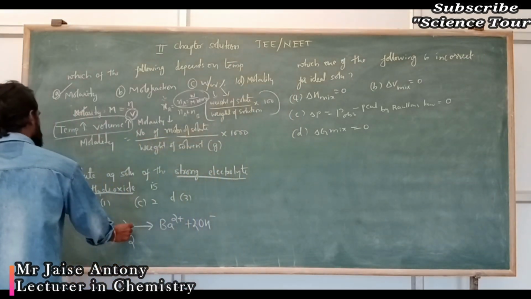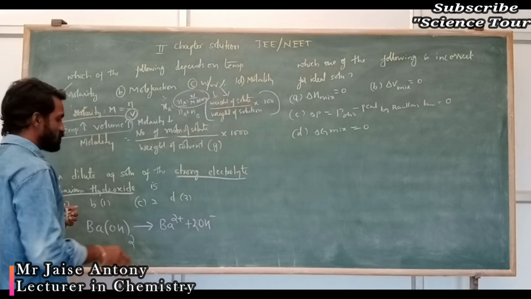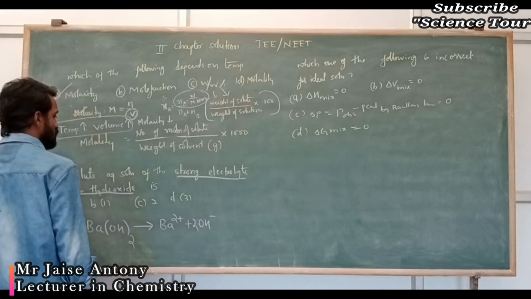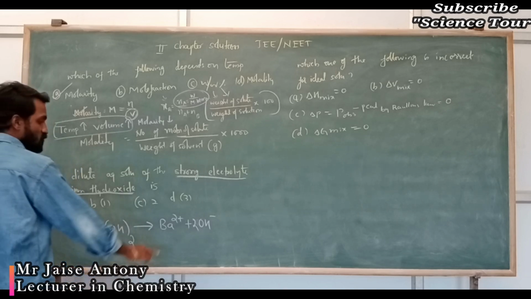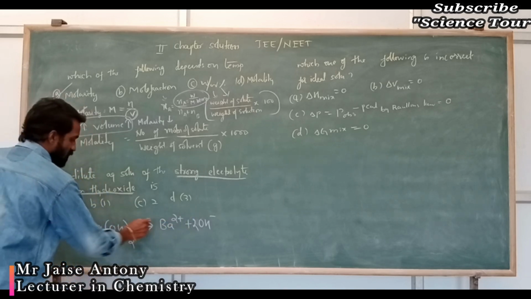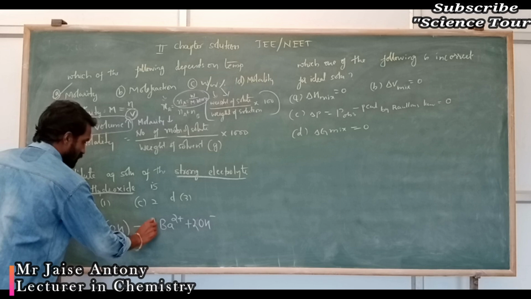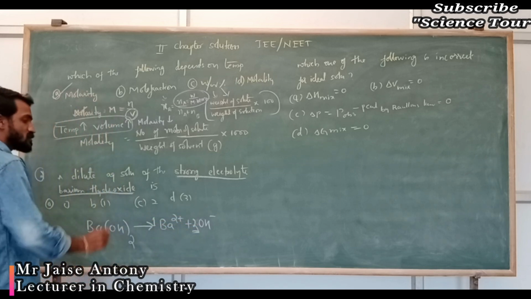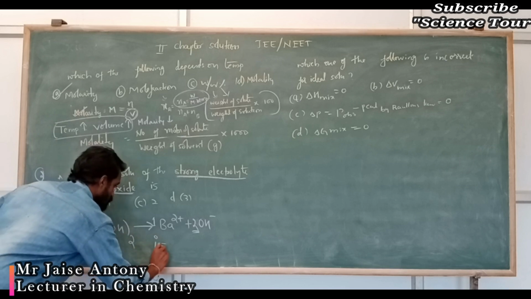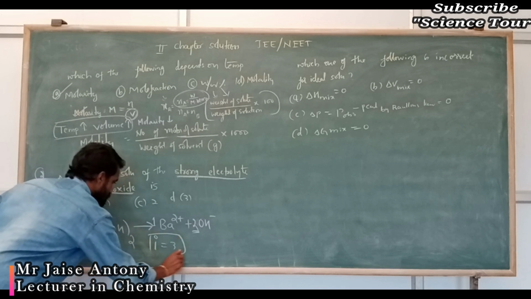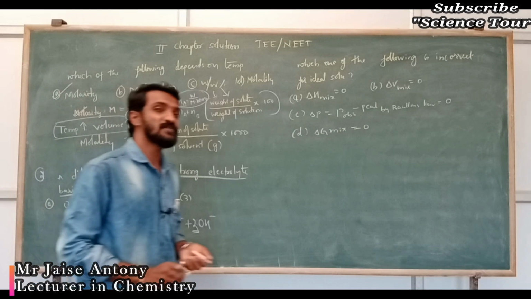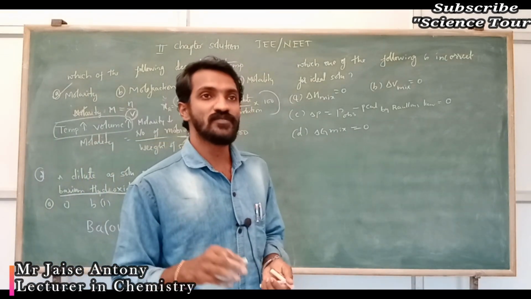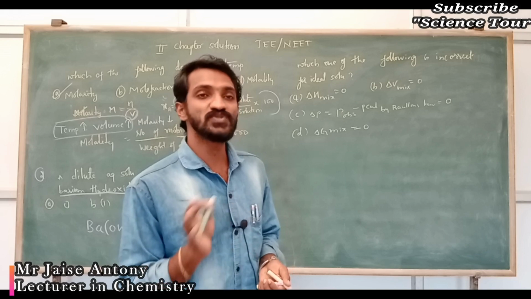Here barium hydroxide is given. You are dissolving it in a solution. It gives Ba and 2 molecules of OH minus. Correct? Here total number of ions: 1 barium ion is formed, 2 OH are formed. Total number of ions during dissociation, i, is equal to 3. i is the Van't Hoff factor, the number of particles formed during dissociation.